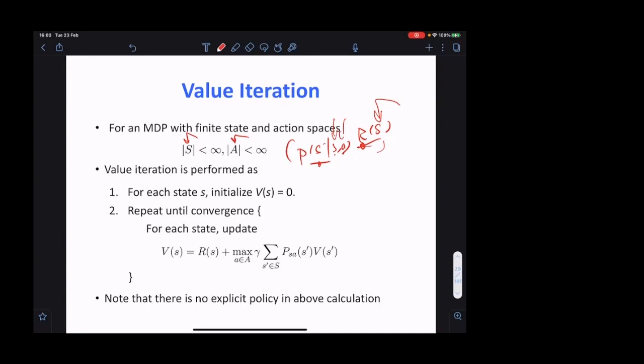The input is a randomized value function, a table. It's not necessary to be random, it could be like assigning everything 0. Then you update that: for each state, you do the calculation and do it again until it converges.